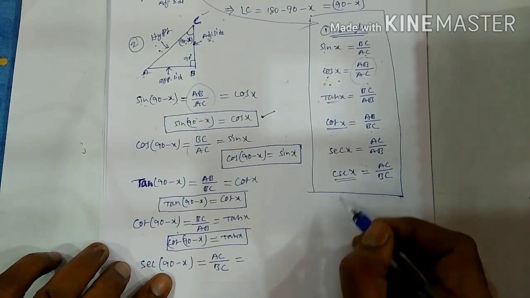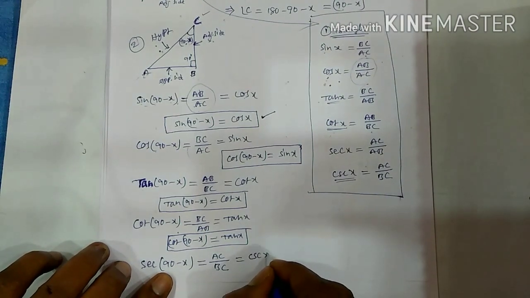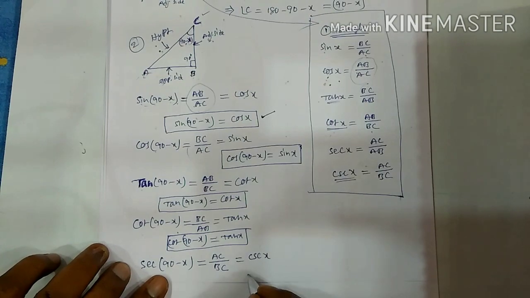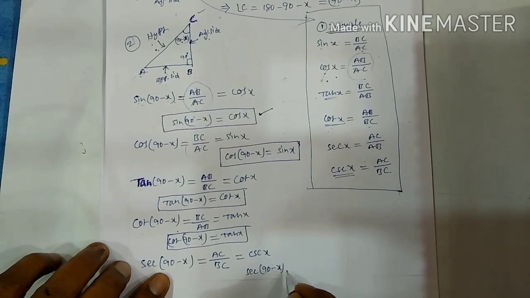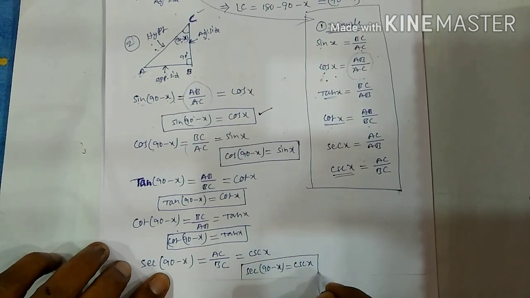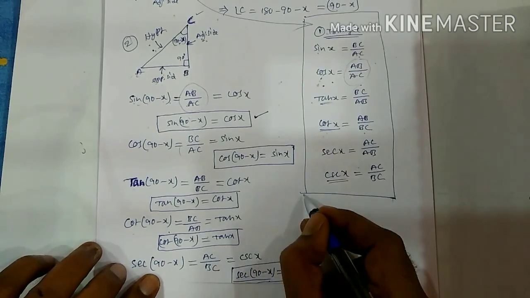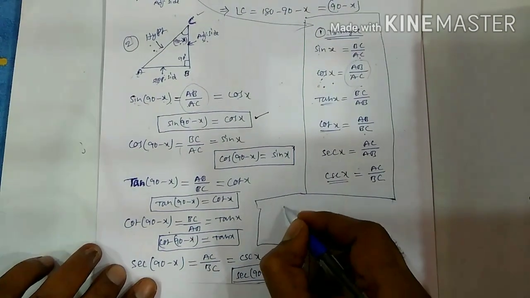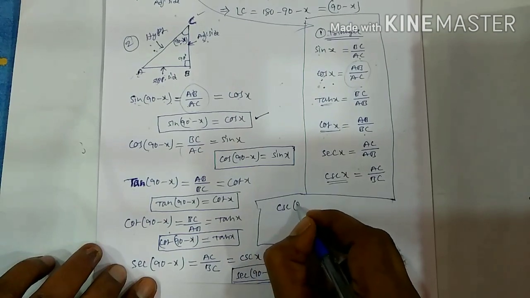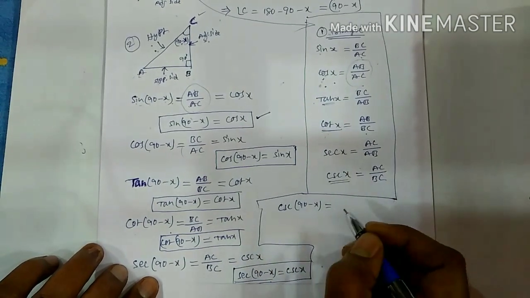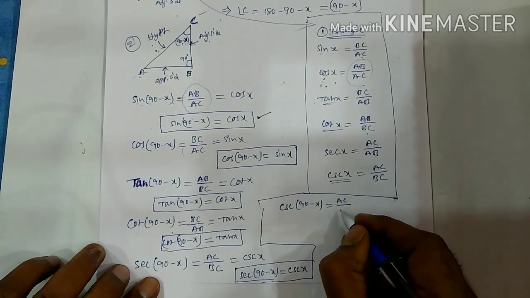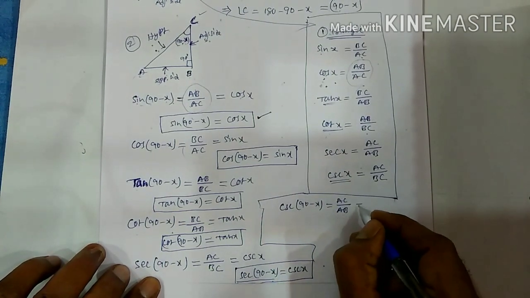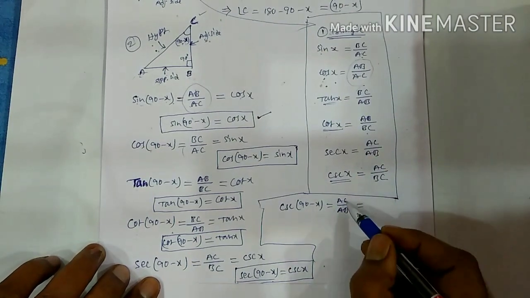AC by BC is cosecant X. So the formula is secant 90 minus X is equal to cosecant X. Last one, cosecant 90 minus X is hypotenuse by opposite side, that is AC by AB.